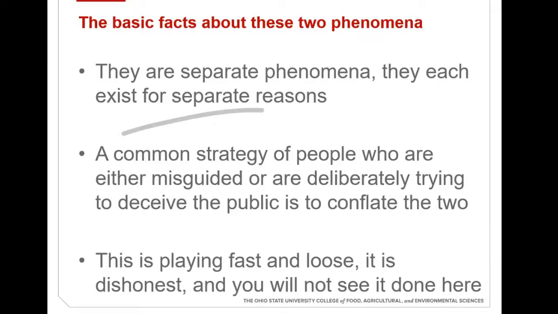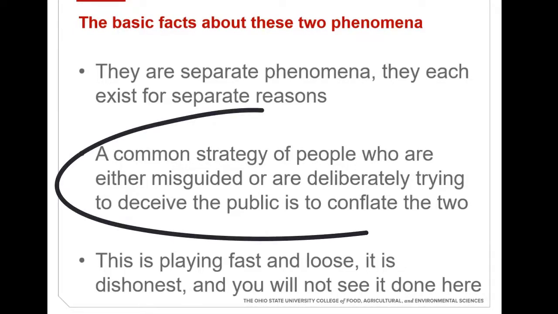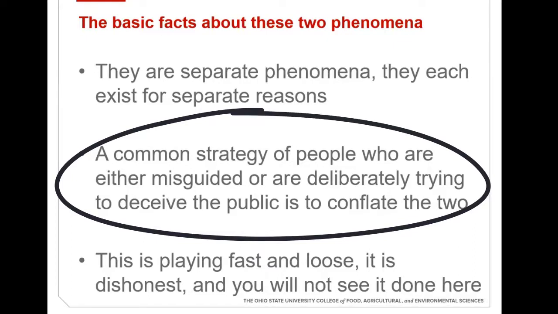Now, a common strategy of people who are either misguided or deliberately trying to deceive the public, and sometimes you never know which group that person's in, is to conflate these two items: to conflate the sine wave pattern that we know comes from El Nino and the upward trend.